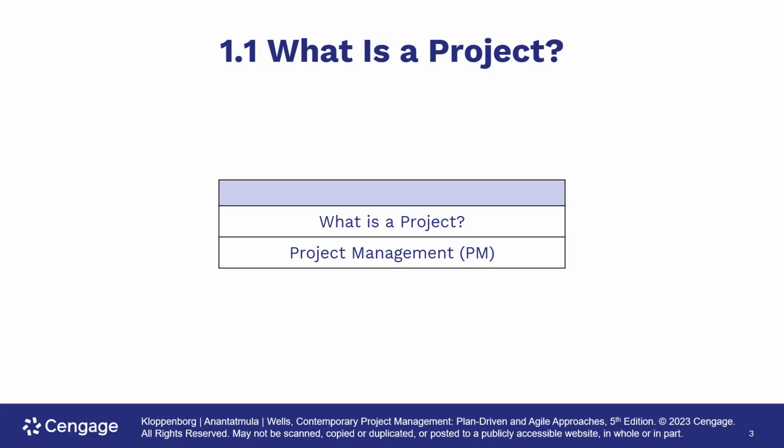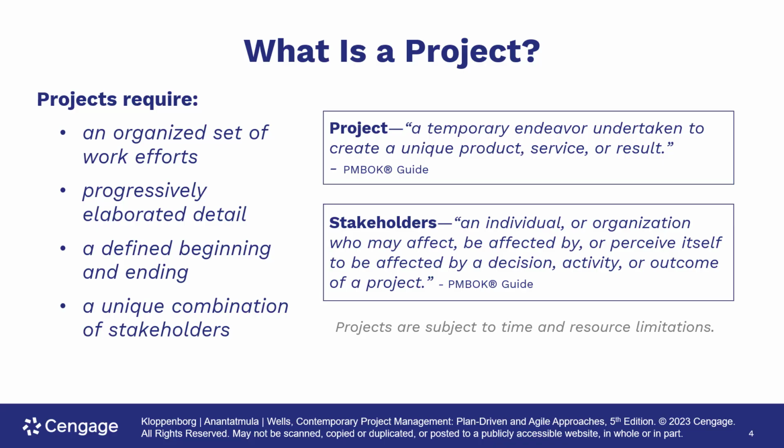Two things that we're going to ask. You must understand in order to move forward in this class: what is a project and what is project management. So, what is a project? The PMBOK defines a project as a temporary endeavor undertaken to create a unique product, service, or result.